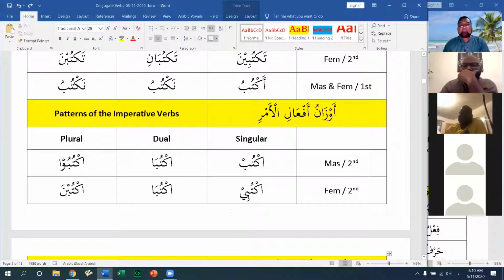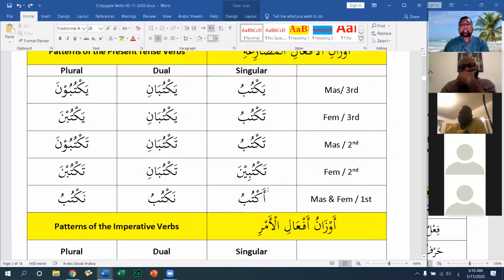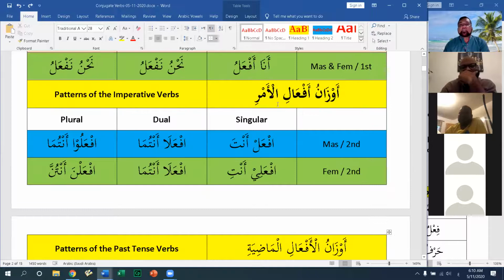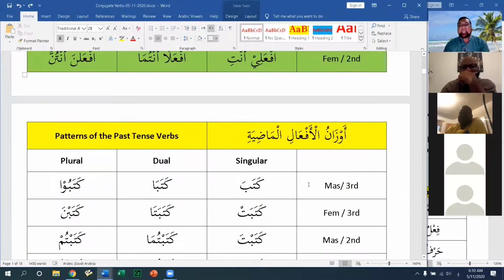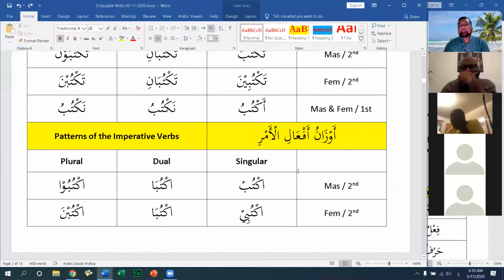So I put in all the vowels in the new document that I sent this morning for kataba yaktubu, and of course for the original verb fa'ala yaf'alu for the pattern. But the rest I didn't fill in because I want you to do that as an exercise.